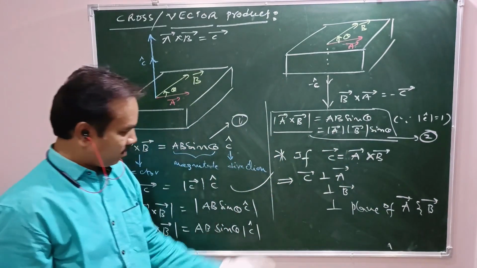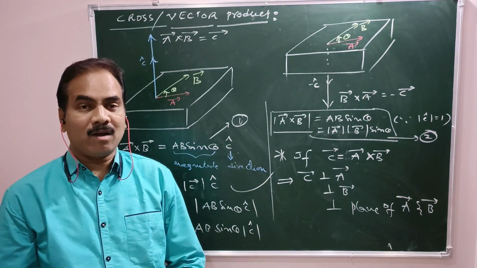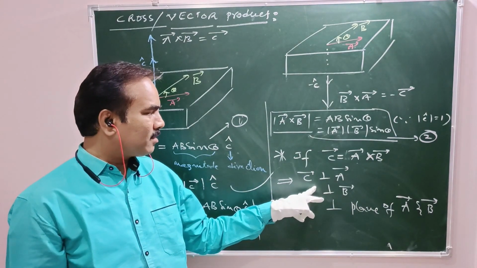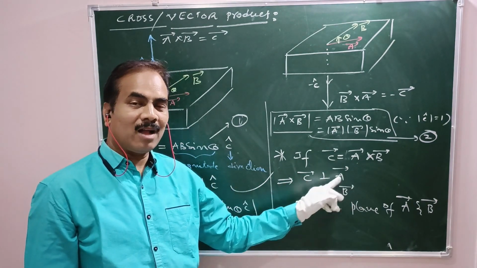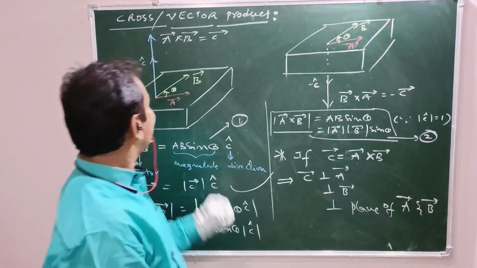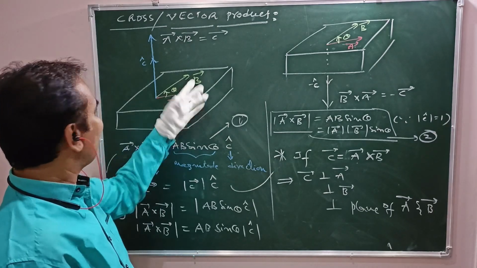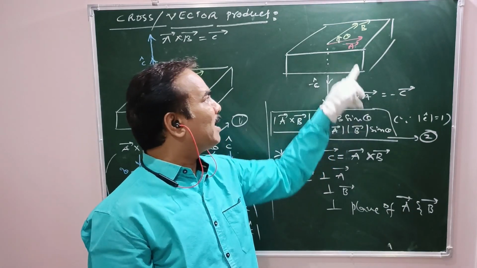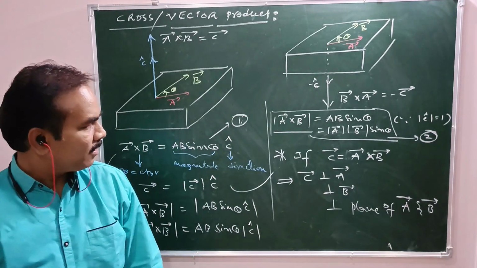Okay, that is the rule of cross product. So the cross product of two vectors is always a new vector whose direction is perpendicular to both parent vectors and also perpendicular to the plane of the parent vectors. See here, C bar, that is the new vector A bar cross B bar, is perpendicular to A bar, B bar and the plane of A bar and B bar. Here B bar cross A bar is a new vector which is perpendicular to A bar, B bar and the plane of A bar and B bar. Okay, correct?